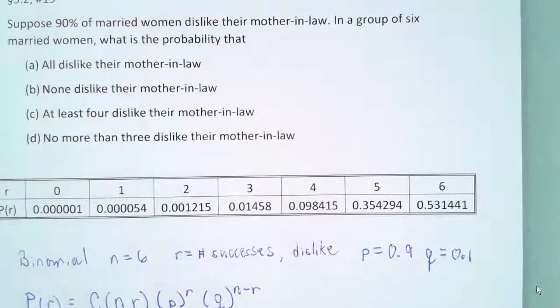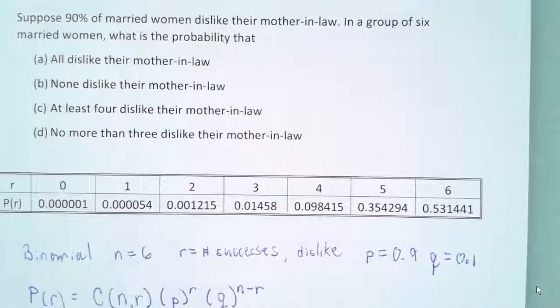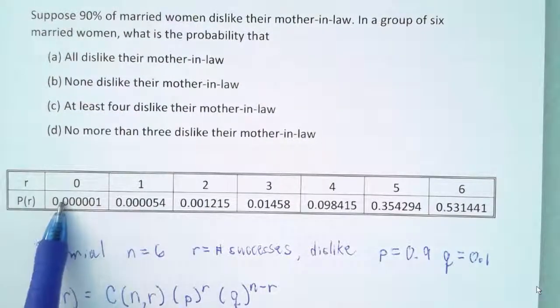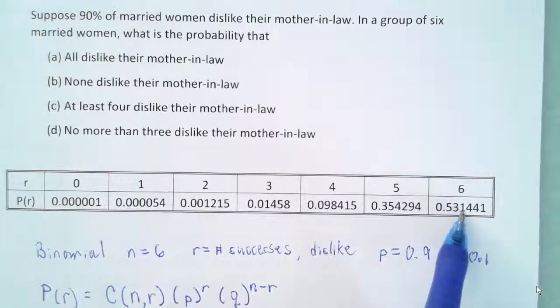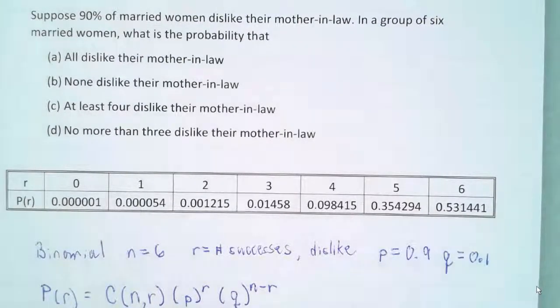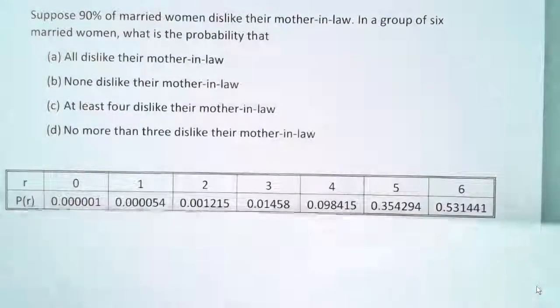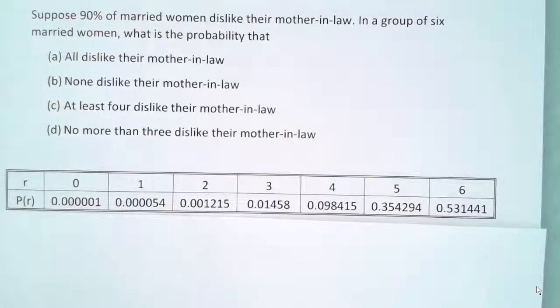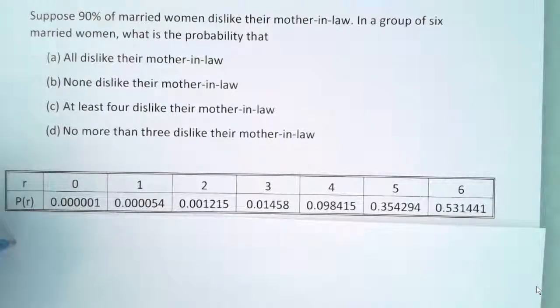Alright, so for instance, let's start, these numbers get pretty small down here, so let's start with this one over here. We could certainly compute this with the formula directly. What is the probability of 6 successes out of 6?